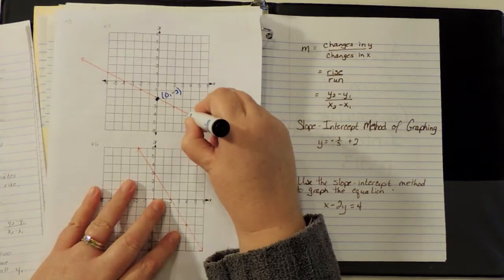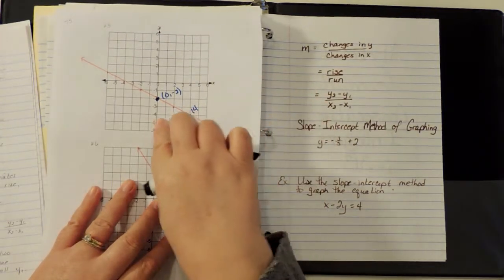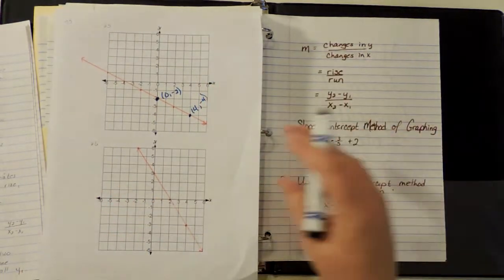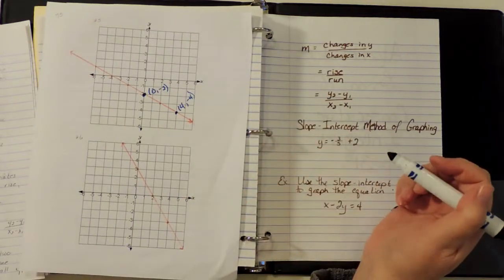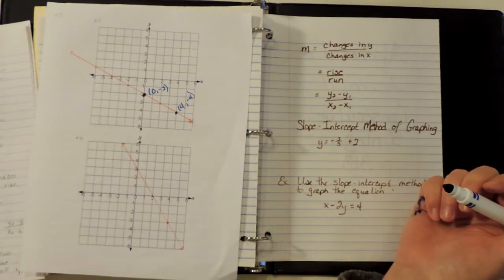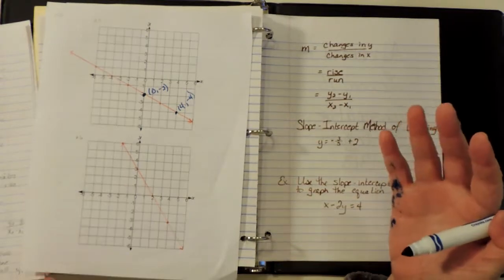And let's choose this point. So the x is 4 and the y is -4. Okay, so we've chosen 2 points on the line. We can choose any 2 points. It's a straight line. The slope should be the same at any points on the line. You can choose any 2 points.